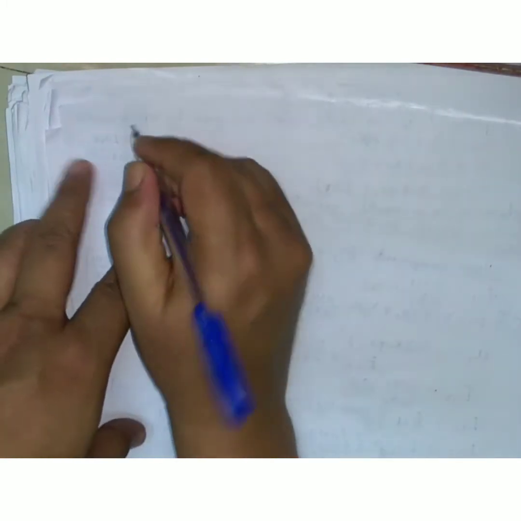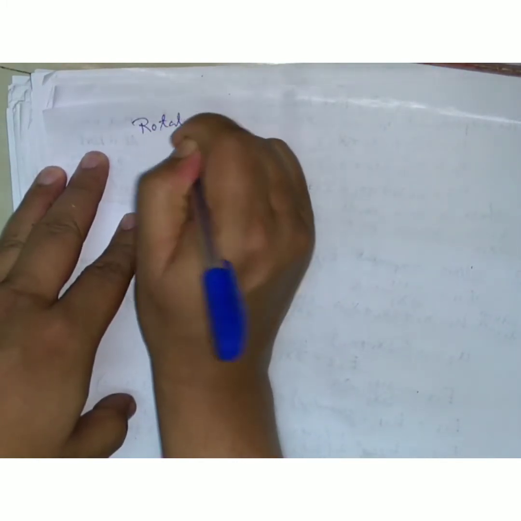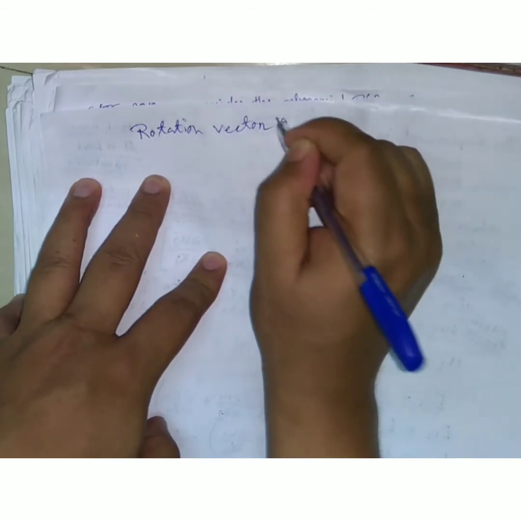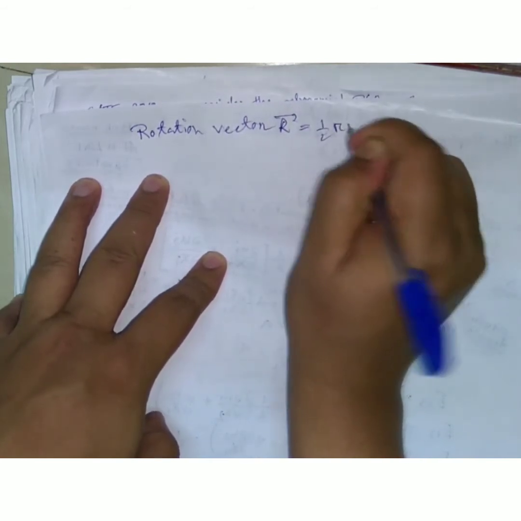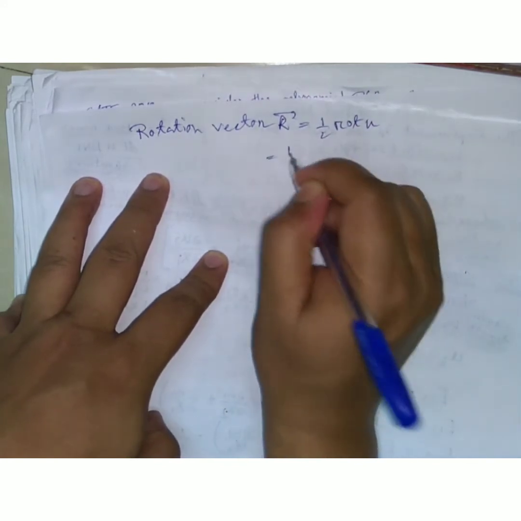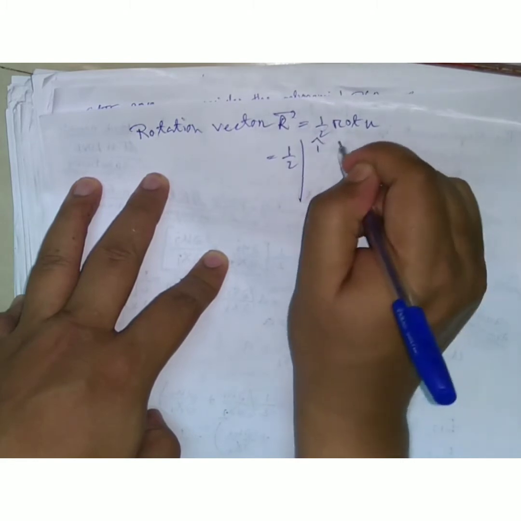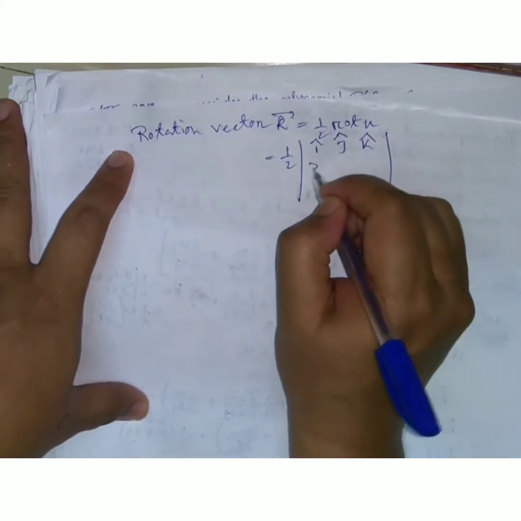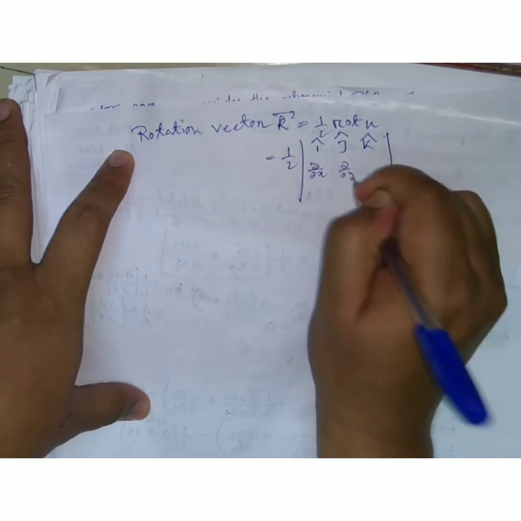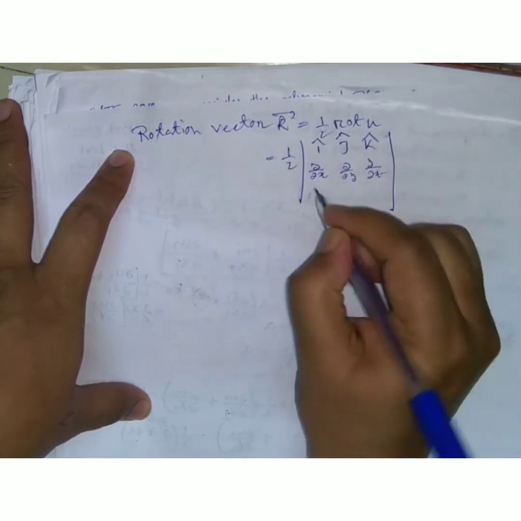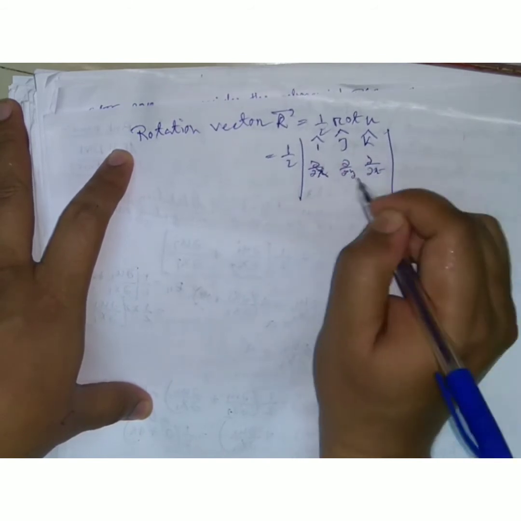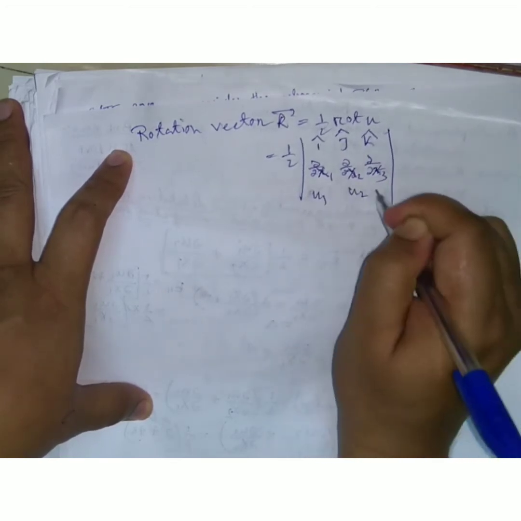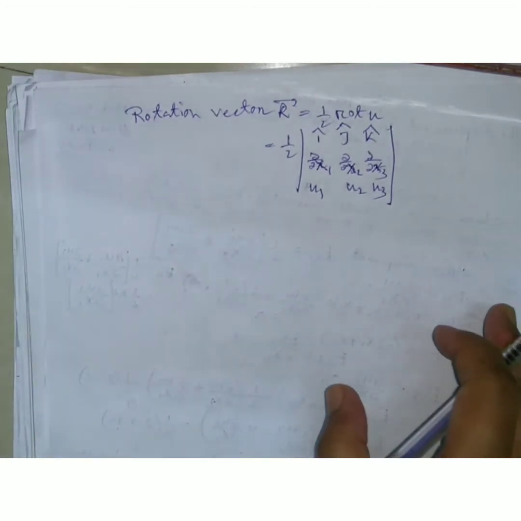Rotation vector R is equal to half into rot u, which is half into the determinant with i j k, del x1, del x2 and del x3, and u1, u2 and u3. This is the rot u.